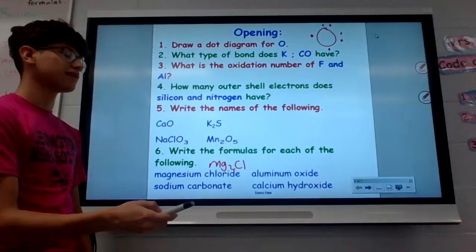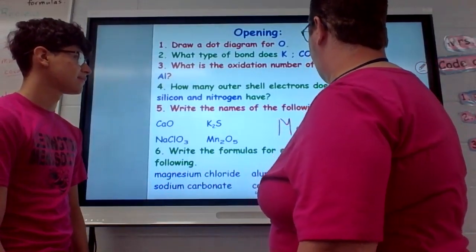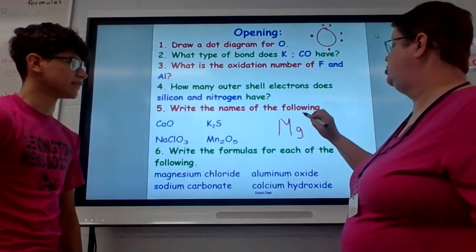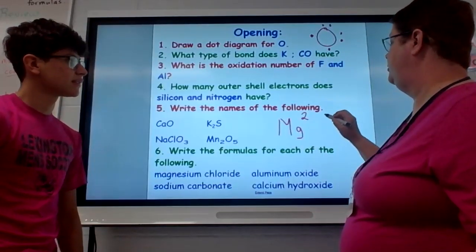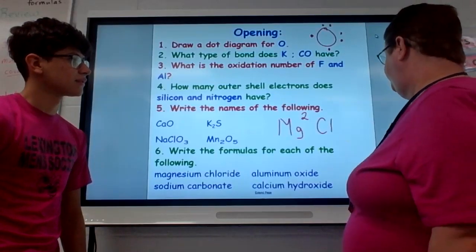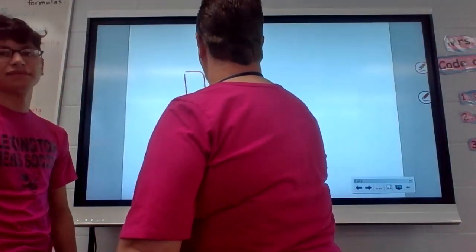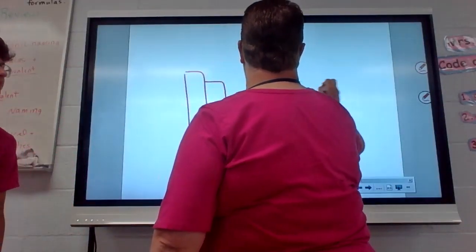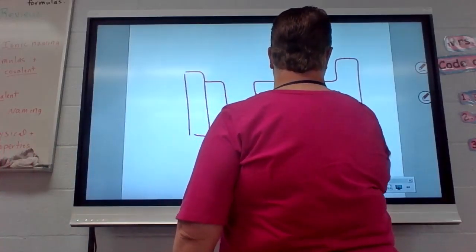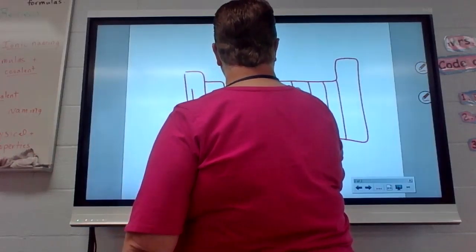I need help. Magnesium has an oxidation number of what? Positive 2. Chlorine has an oxidation number of what? People, we're not using outer shell electrons. Negative 1.